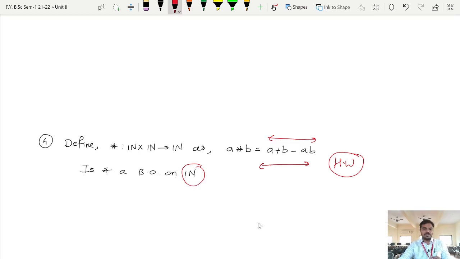So what we have to check here is, take any two natural numbers, let us say 2 and 3 in our case, and check whether a star b is a natural number or not.